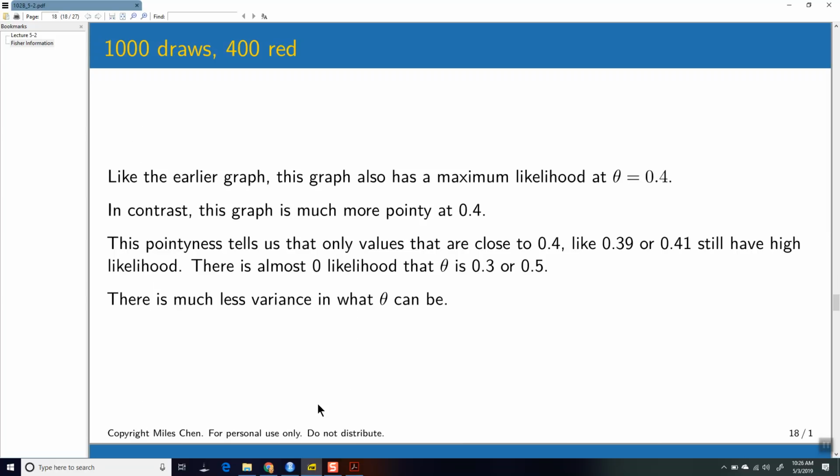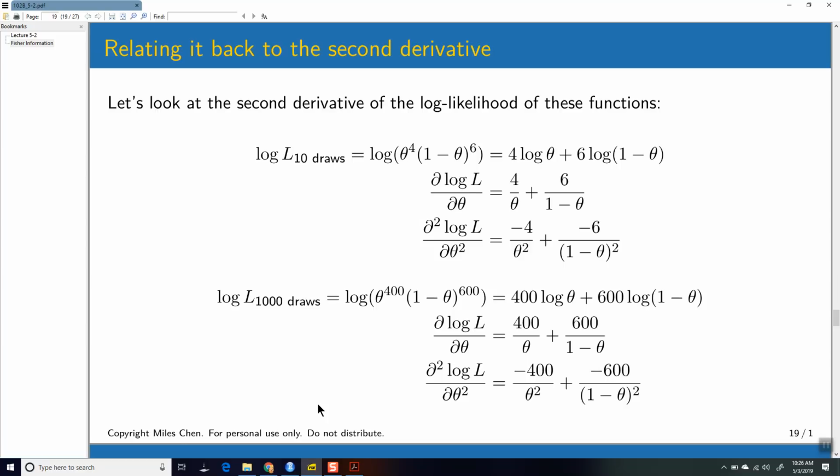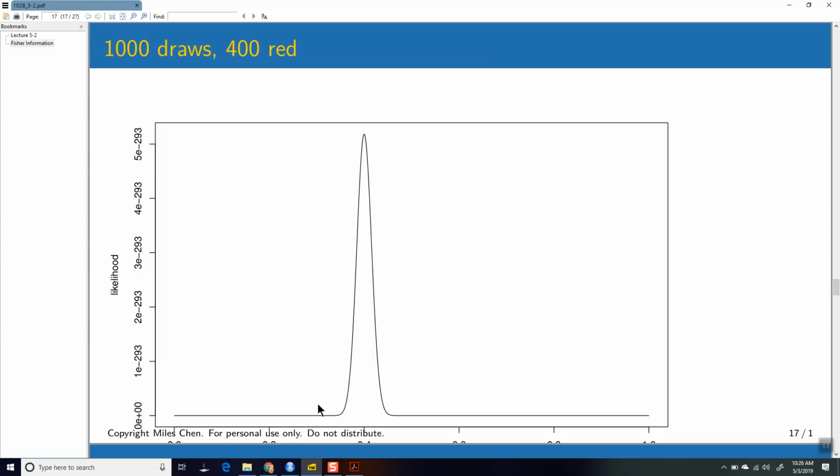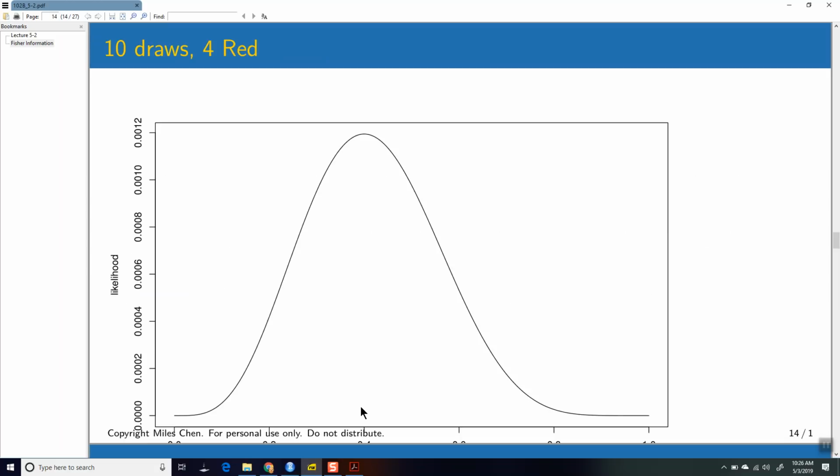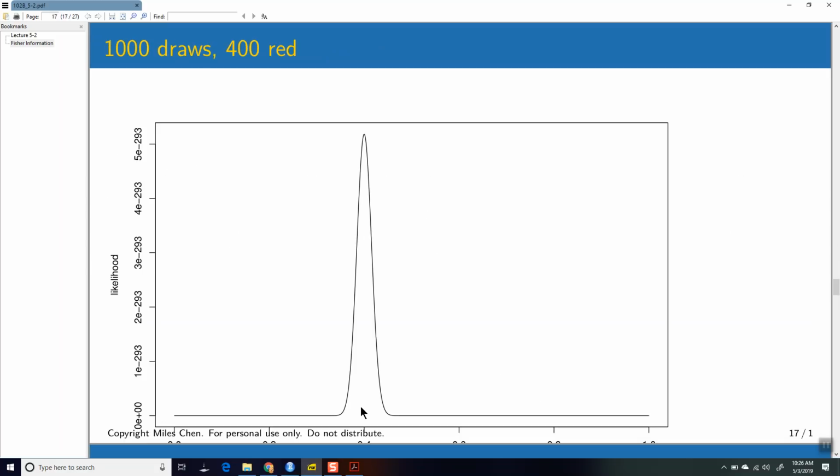The intuition here is that having more data provides us more information about where theta is located. Because I saw 1,000 draws, I've got a very good idea of where theta has to be: close to 0.4.